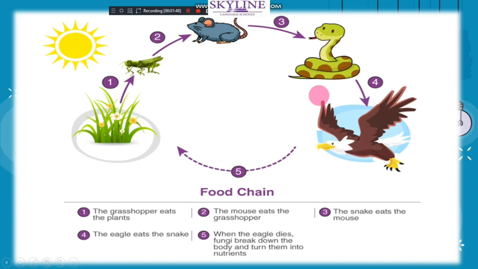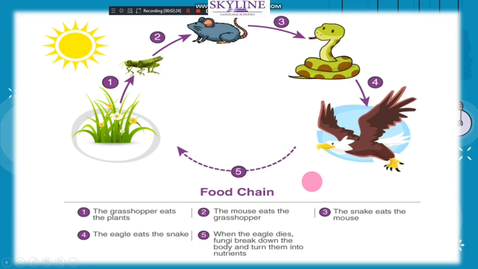Then the eagle comes to feed on the snake, and that energy transfers from the snake to the eagle. Then the decomposer comes and feeds on the dead eagle and returns the nutrients to the soil, and we plant again on the soil, and so on. So the food chain describes the energy flowing from producer till decomposer.